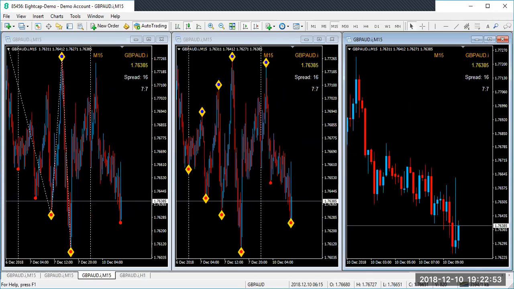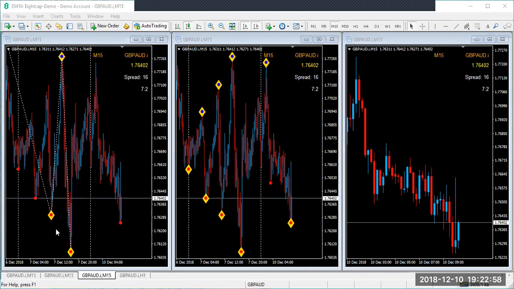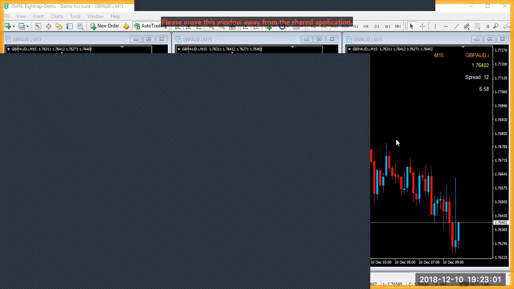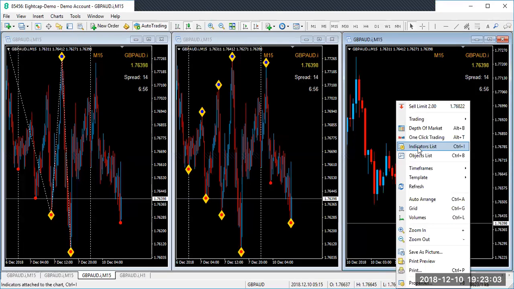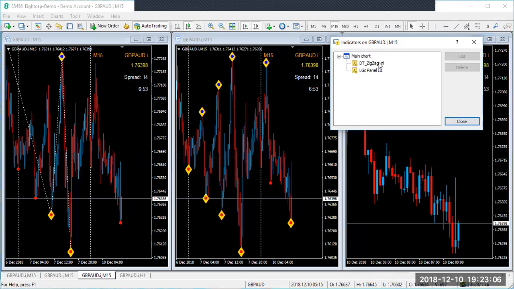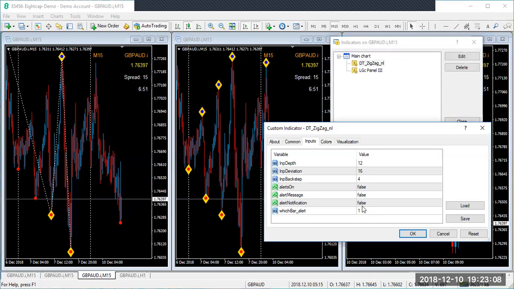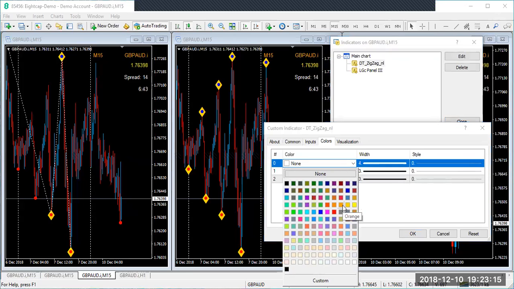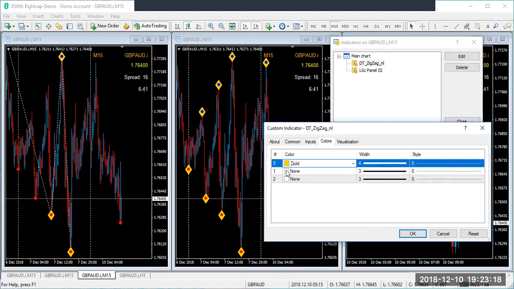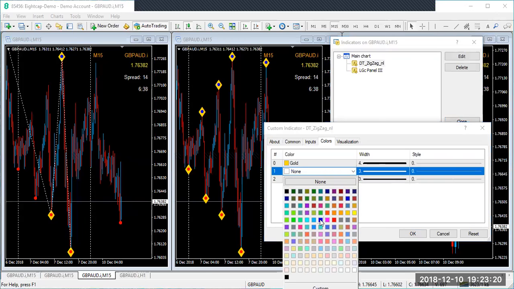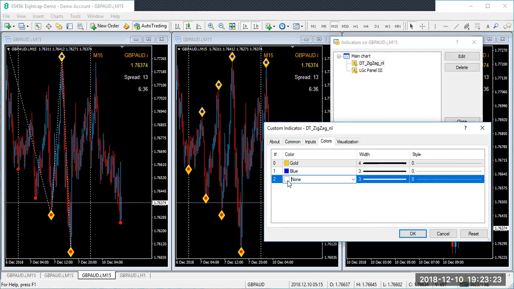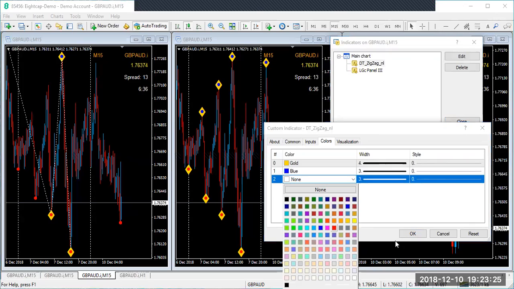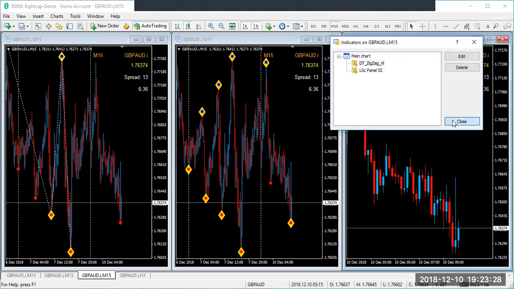Don't tell me I deleted it. Oh, no, I didn't. Okay, so let's color the diamond gold and let's make dots. There we go. And voila.